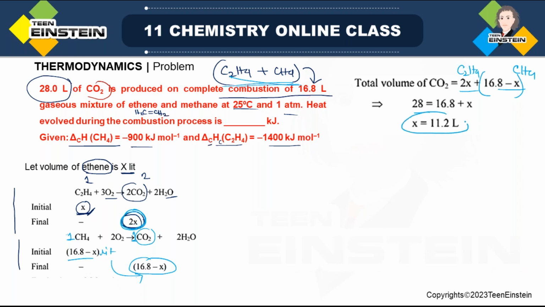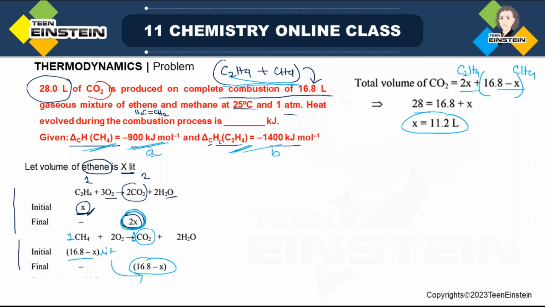So from this equation you can get the value of x, which is 11.2 liter. Now as these values are kilojoule per mole, that means if you know the number of moles of ethylene and the number of moles of methane, suppose it is A moles, this is B moles. So B into 1400 minus and A into minus 900. If you add these two, that is actually your answer.